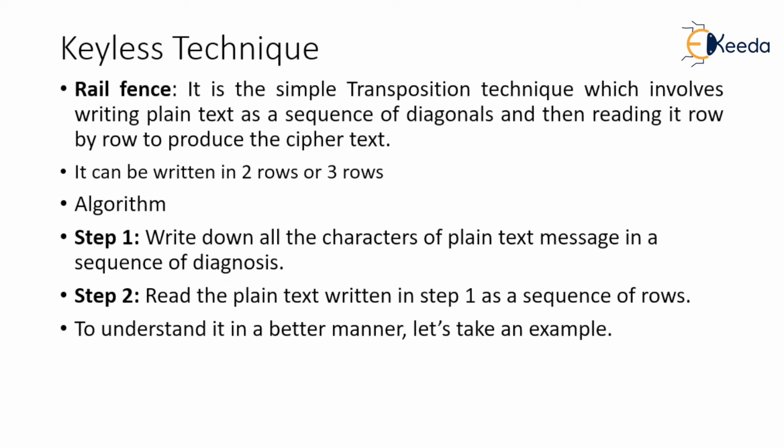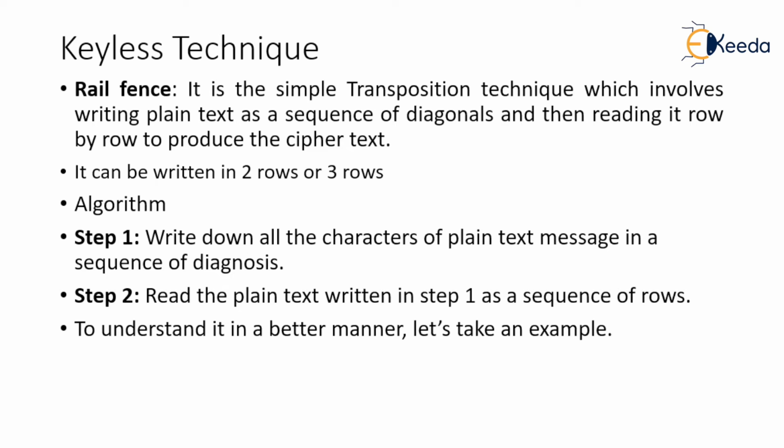The rail fence can be arranged in 2 rows or in 3 rows if specified. If it is not specified, then you arrange the plain text alphabets in the form of diagonals having 2 rows.